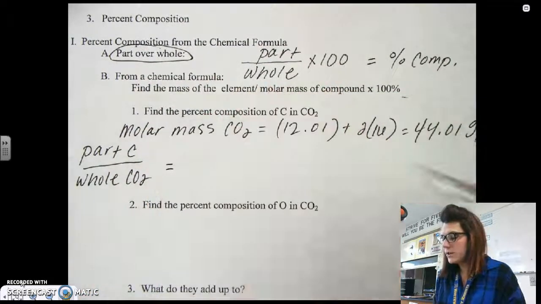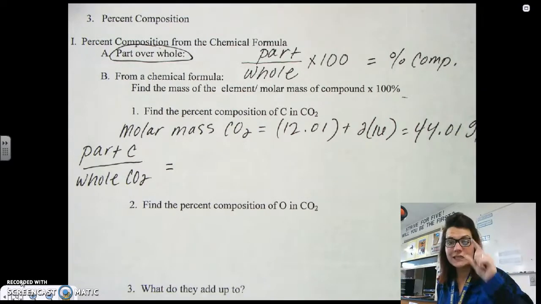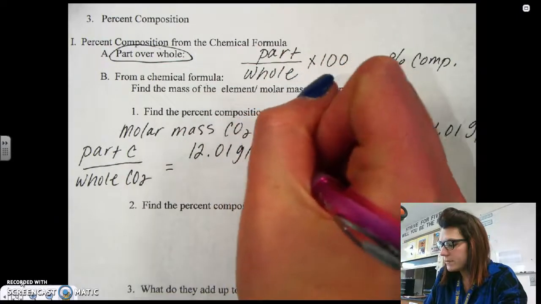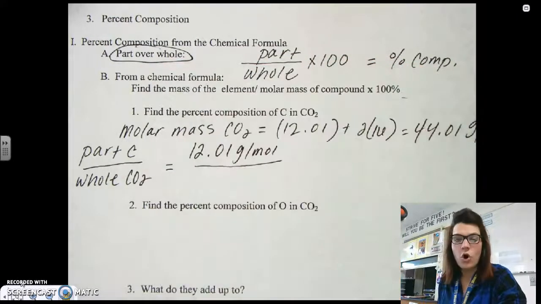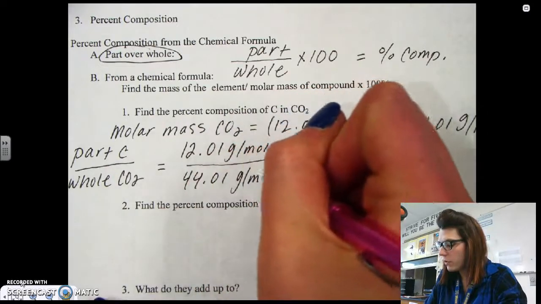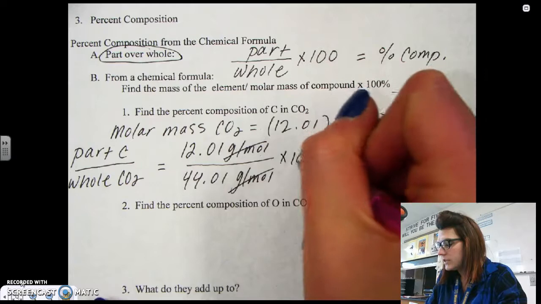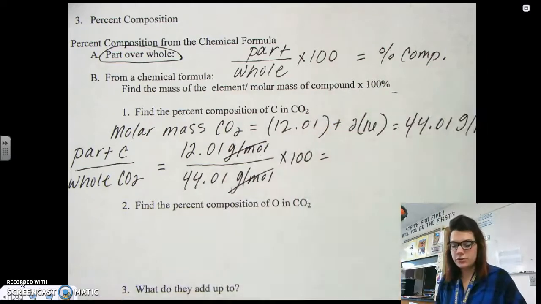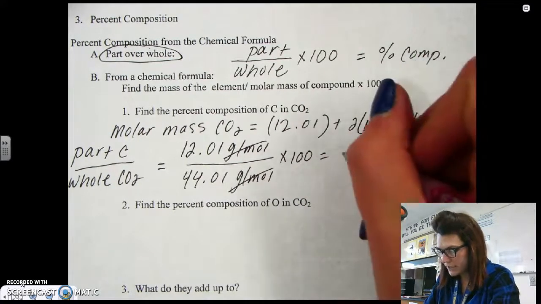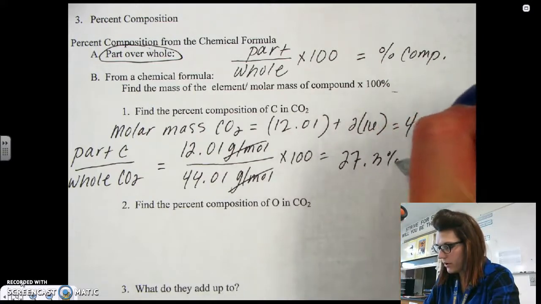Carbon, there's only 1 inside CO2, so I'm going to say 12.01 grams per mole divided by the whole, which was 44.01 grams per mole. Watch units, they both cancel. Times 100 is equal to, so 12.01 divided by 44.01 times 100, the percent composition of carbon. Well, I don't have sig figs here, so we'll just say 27.3% carbon.